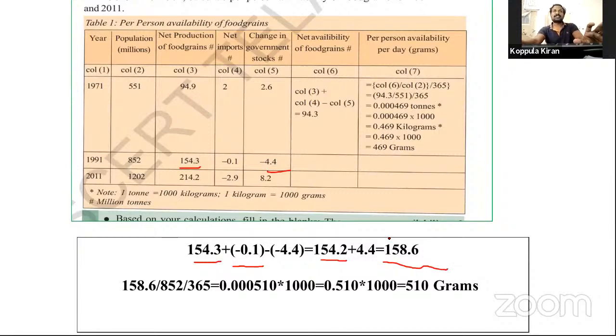Net total production available here is 158.6, divided by total population, divided by 365 days. It was calculated and converted into kilograms and then into grams. Finally, 510 grams in 1991.